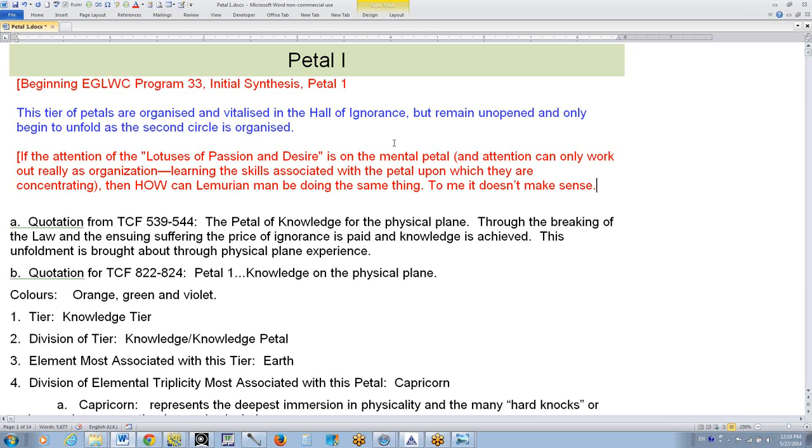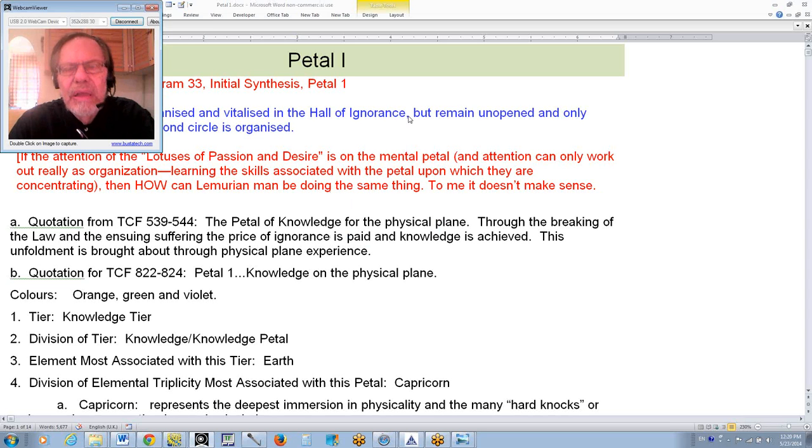So some kind of skill is going on, but it seems to me that if we look at those who are simply Brahmic lotuses today, and not even that far, can it really be said that when those who are more advanced than they are are working in the mental petal, organizing the mental petal presumably, because that's what a man can do, that these more primitive types can also be working ahead somehow into the love petals?